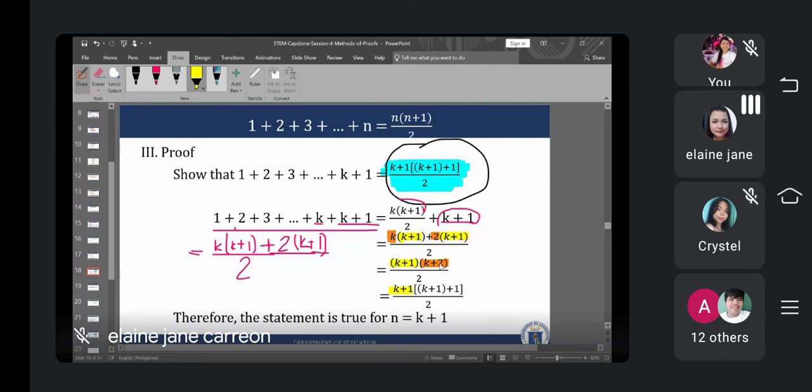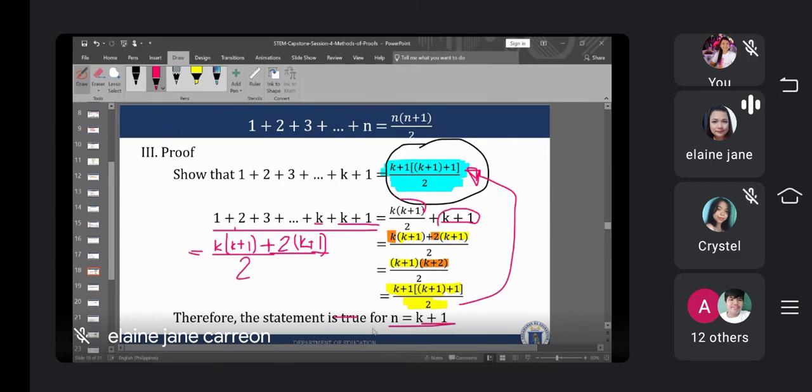And then, factor out 2. We factor 2. Naging k plus 1. Okay? Walang nangyari dito. Pareho lang yan. Plus 1. Kung ipa-plus mo to, pinakita lang natin nandun si k plus 1. 1 plus 1 equals 2. Pareho lang yan. K plus 2, k plus 1, pareho lang yan. Over 2. Hindi ba to? Itong buong ito. Ito yon. So, nakuha natin. Therefore, the statement is true for n is equal to k plus 1.